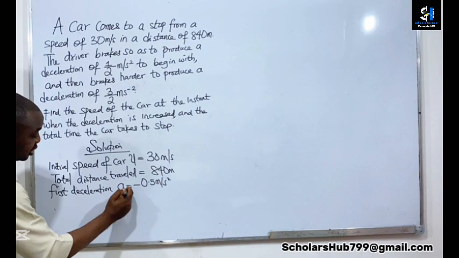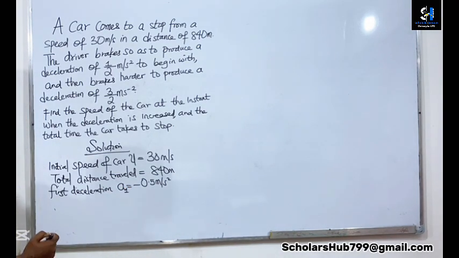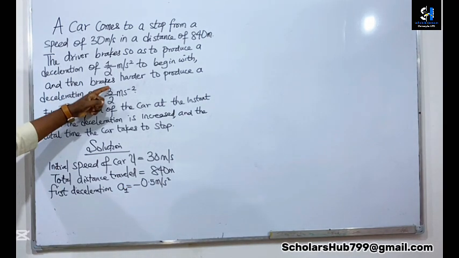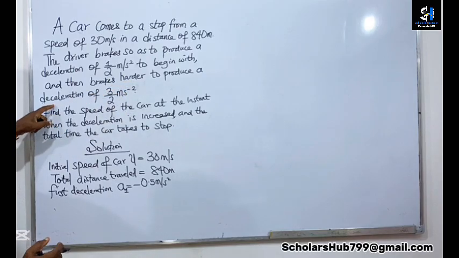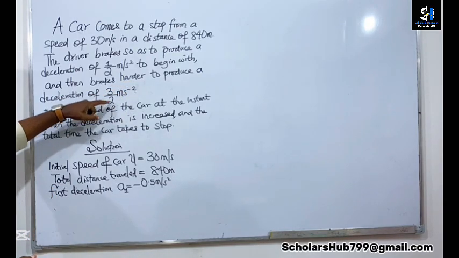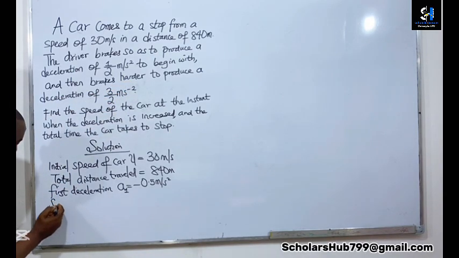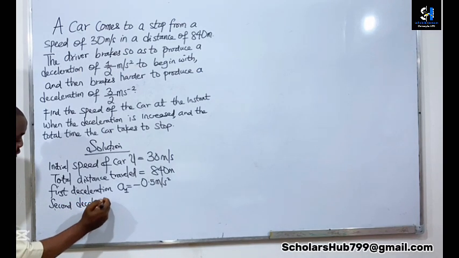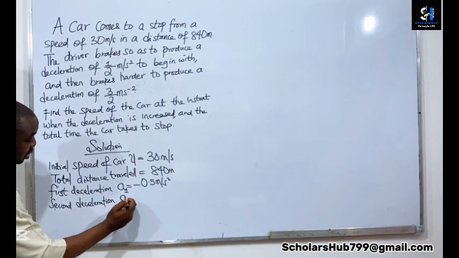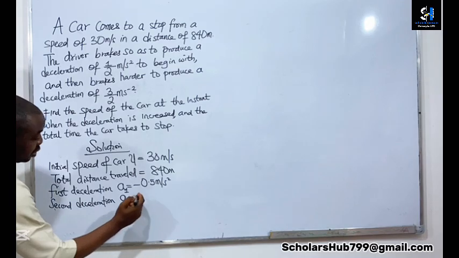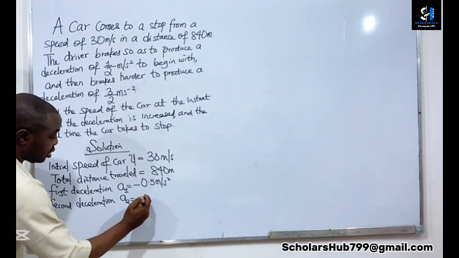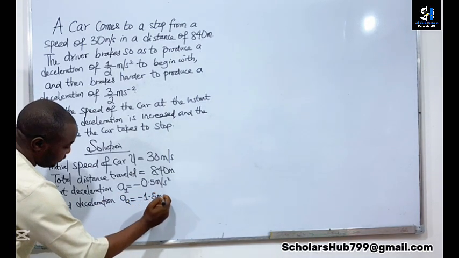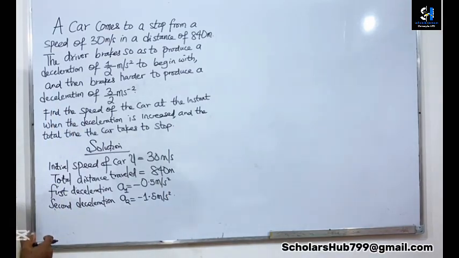Okay, this is the first deceleration. And then the driver brakes harder to produce another deceleration of 3/2 meters per second square. So in this case, we have the second deceleration, which is 3/2, that is, negative 1.5 meters per second square.